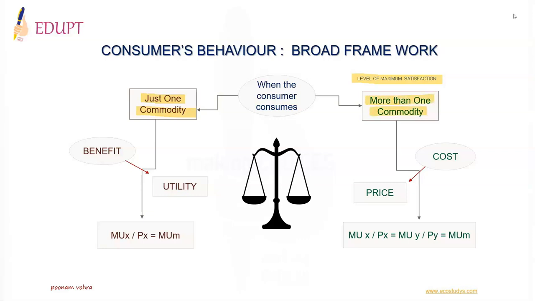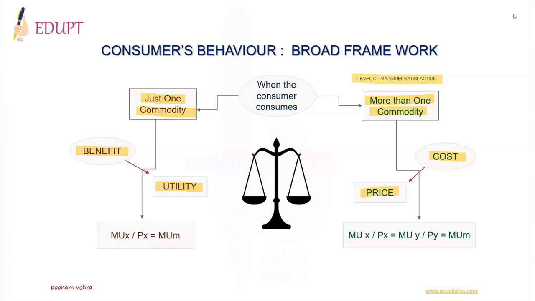In either of the cases, the consumer would always compare benefit received by its consumption and the cost that has to be paid. The consumer would get maximum satisfaction when the rupee worth of satisfaction that the consumer expects to get is exactly same as the rupee worth of satisfaction that the consumer actually gets.